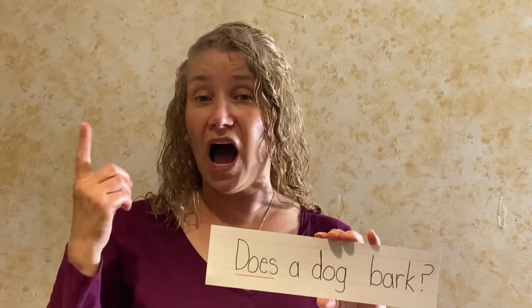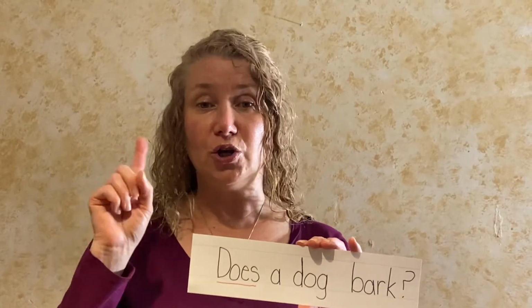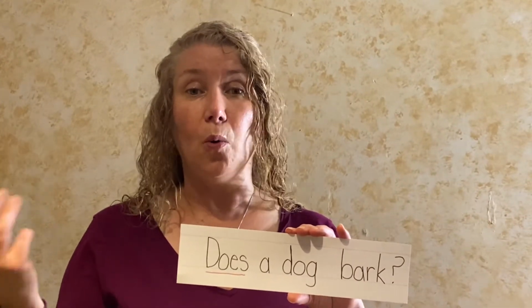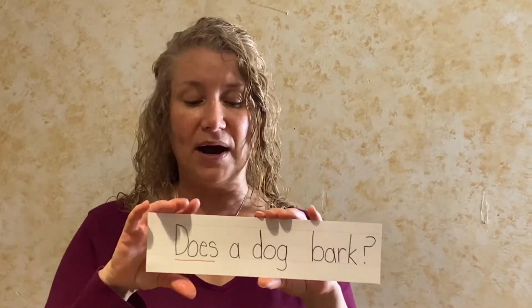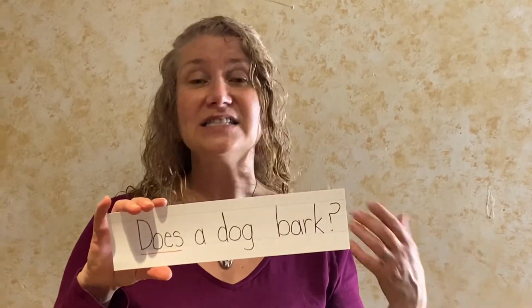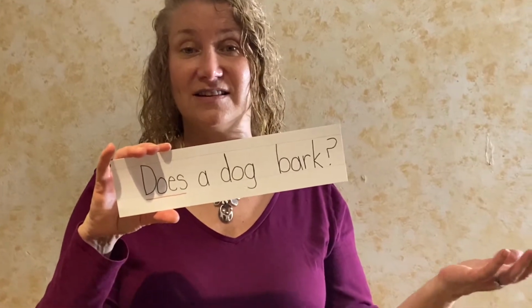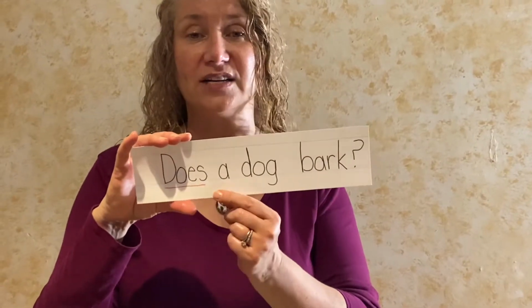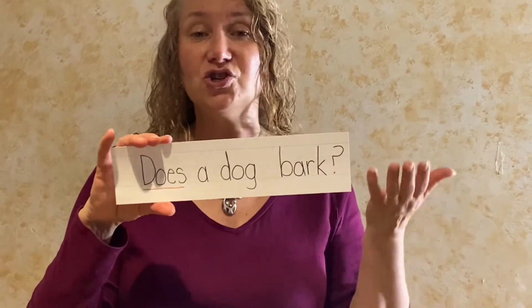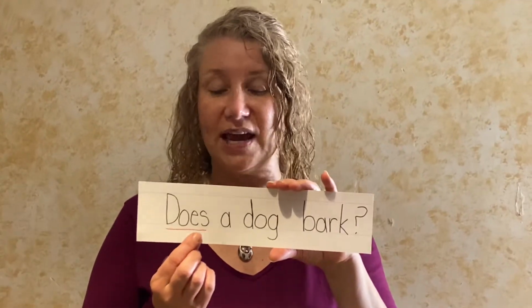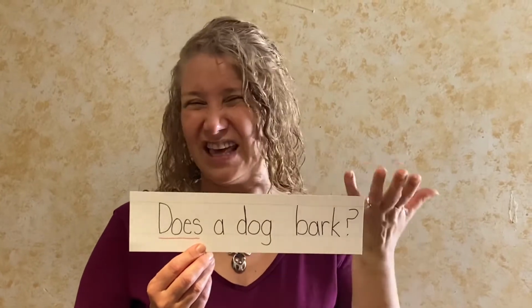So I do, you do, they do, we do, but he does, she does, it does. That's when we use the word does if we're talking about he, she, or it. It does matter if you say it the right way, like that.